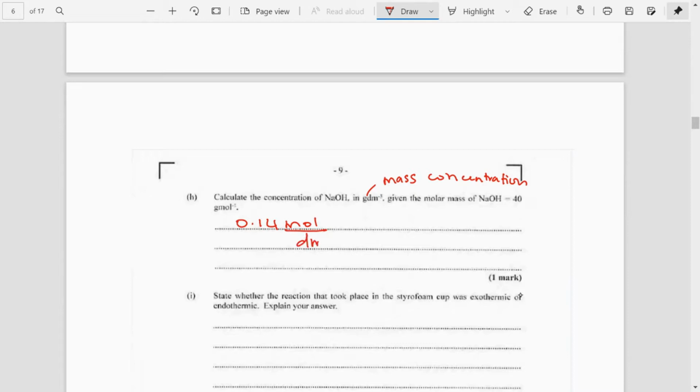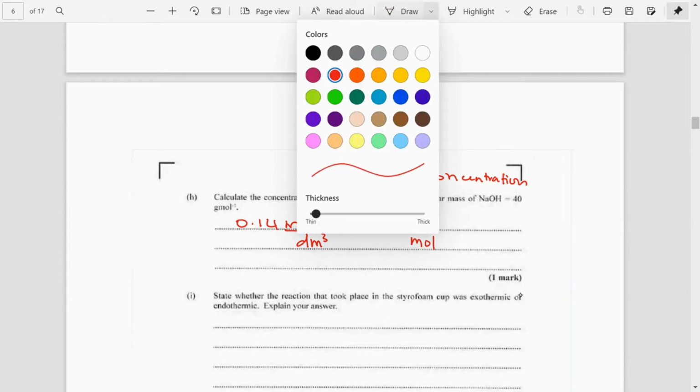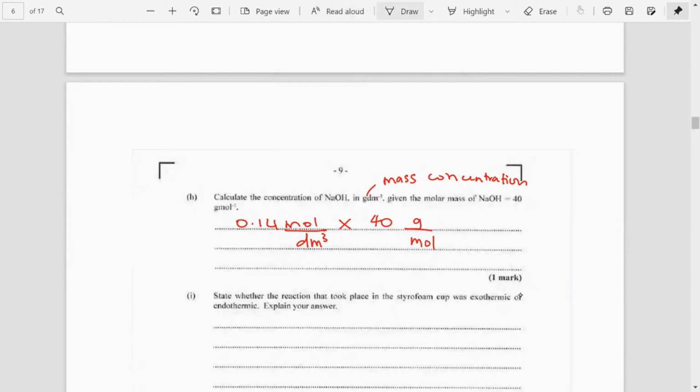I'm going to show you something with your units. To get our mass concentration, we simply multiply that by our molar mass, which is 40 grams per mole. Look at our units. So this will cancel, and this will cancel. So grams per dm cube.